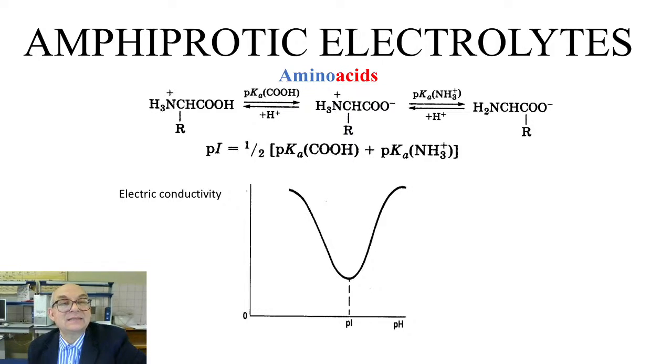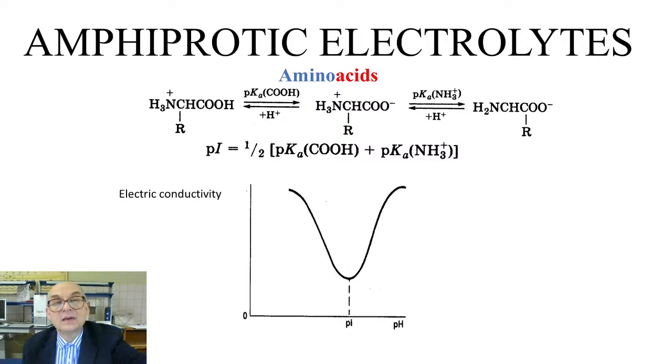In this case, charge will be +1. It is the charge of the protonated amino group, and that's all. So, in acidic solution, there is a cation of amino acid, and it is a charged species.